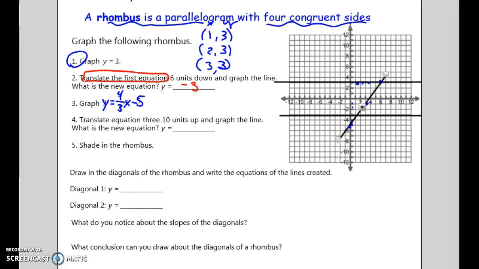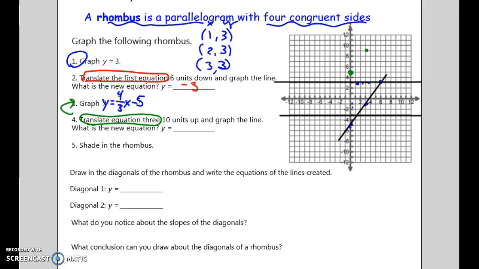Now what do they want me to do with it? Translate equation 3. This is equation 3. Can you do that? Did they want me to change the slope? No. If I'm moving that line, I want it to look exactly the same. I just want to move it up 10. So if I started at negative 5, then I'm going to go up to a positive 5. And I'm still going to go up 4 and over 3.